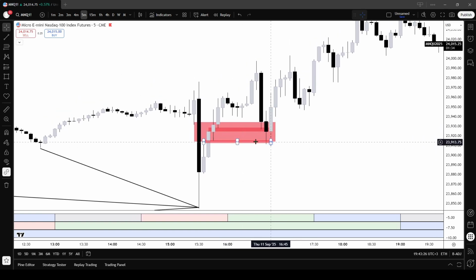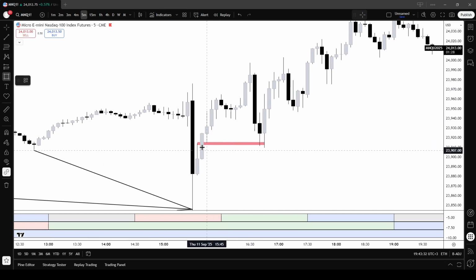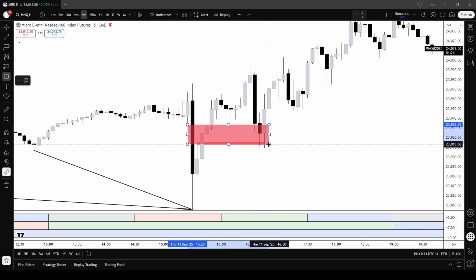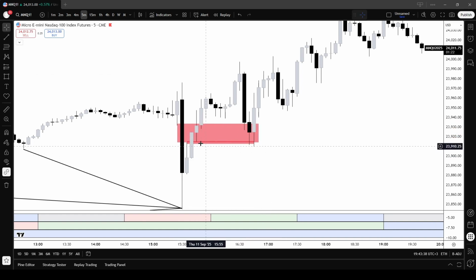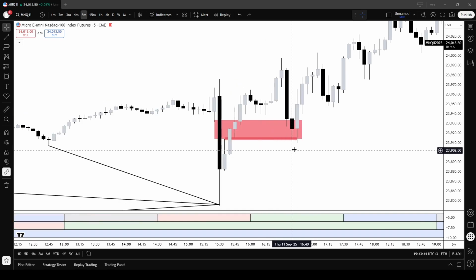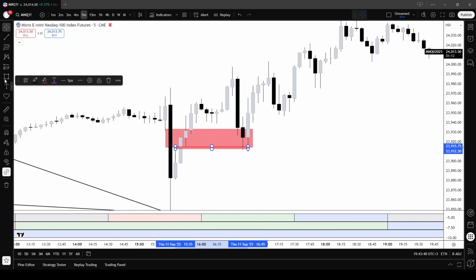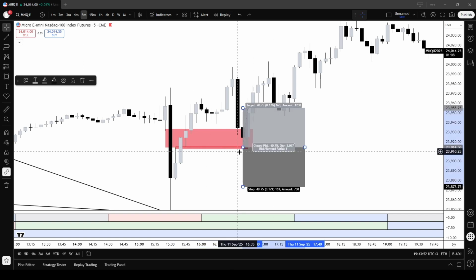So where did I enter? I entered on this gap. Why? Because we had this big gap, and I knew that the price would go touch this one because it wants to fill this big gap. So the price went exactly where I thought. My entry was 50%.